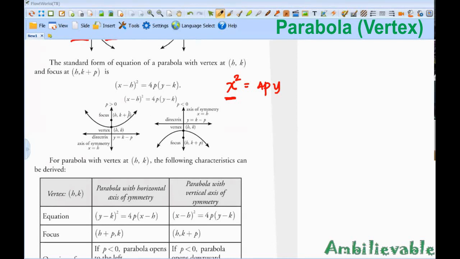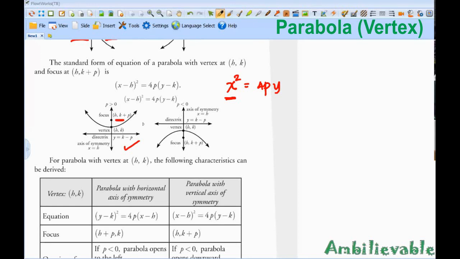So look at the focus. The focus is at (h, k plus p). And the directrix is y equals k minus p. When p is bigger than 0, it opens upward. When p is less than 0, it opens downward.